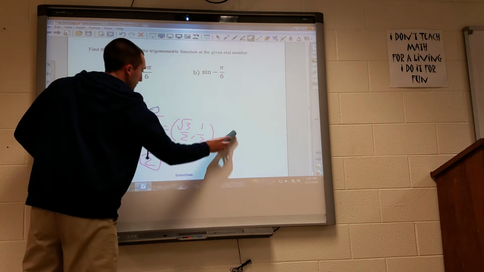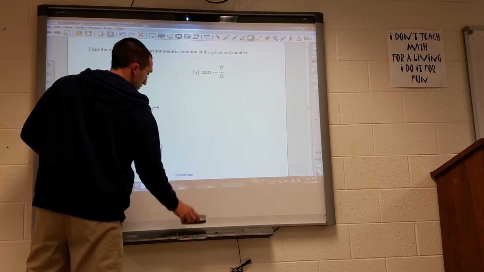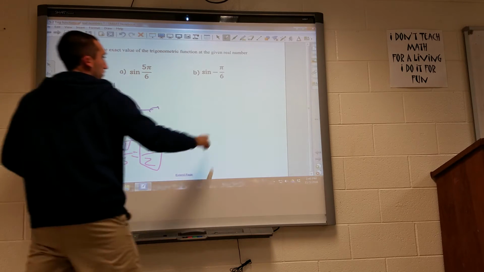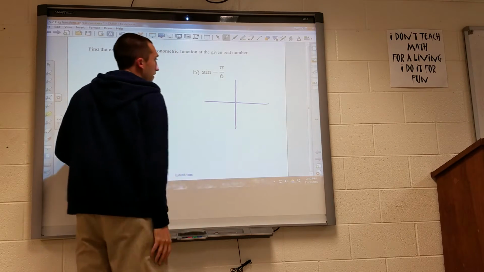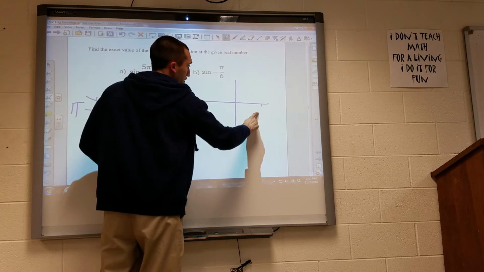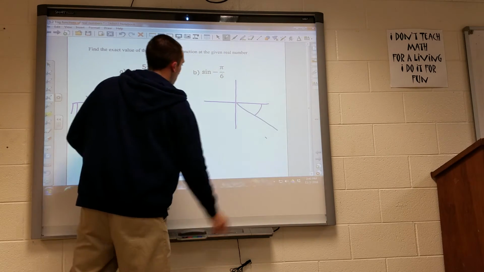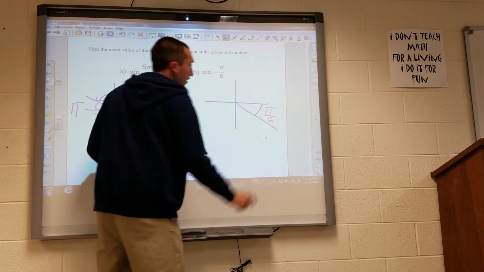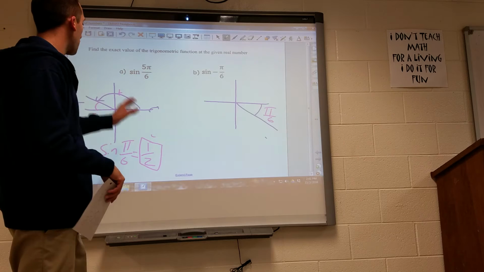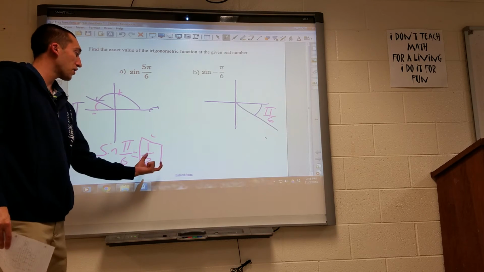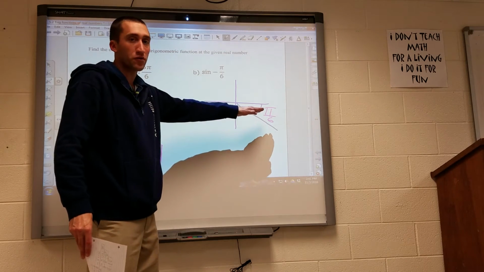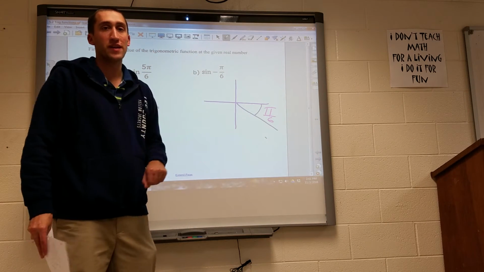Next, sine of negative pi over 6. I always like to start off by drawing. Negative pi over 6 just means I'm in the fourth quadrant with a reference angle of pi over 6. Since the reference angle is the same here, we know my value is still going to be 1/2, but since I'm in the fourth quadrant, the sine value is going to be negative.